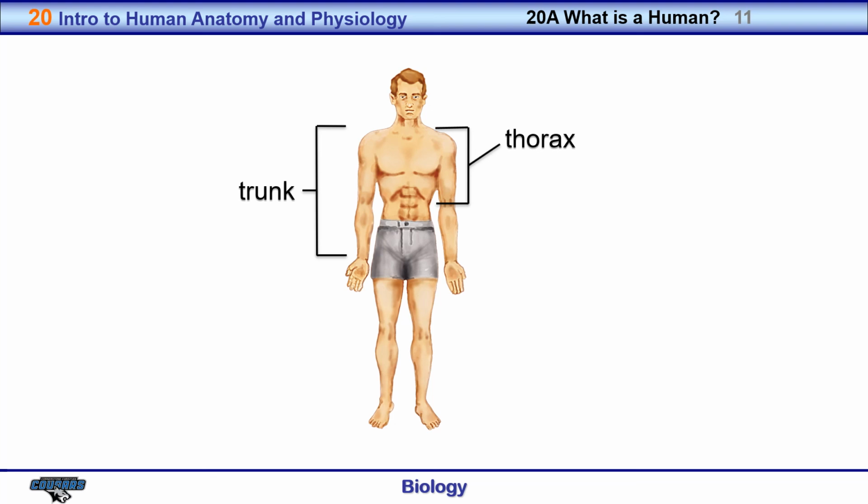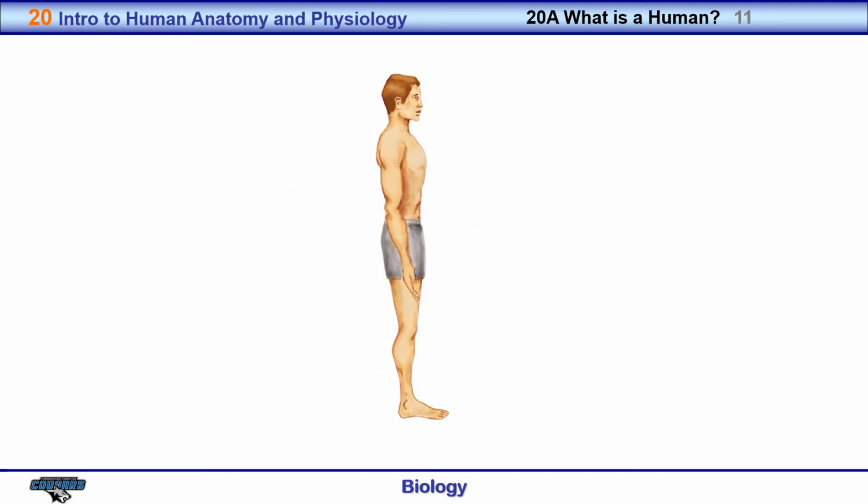The thorax is our chest area, the entire area that has ribs. The abdominal area is where your stomach and intestines are located. And then your hips make up the pelvis. If we turn our individual sideways, we have one more area that we can identify, and that is the lumbar region. That's the area above your hips and below your ribs.